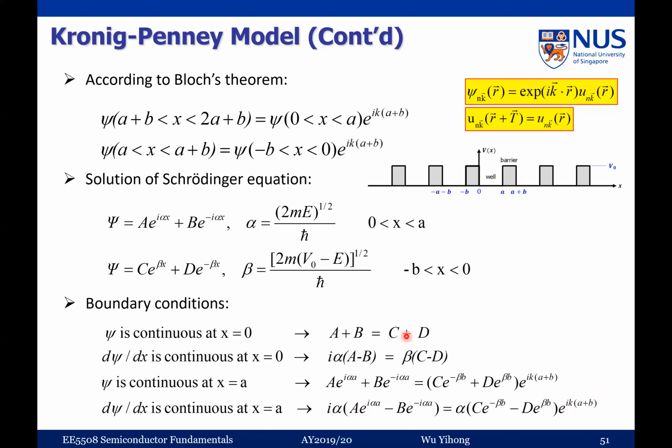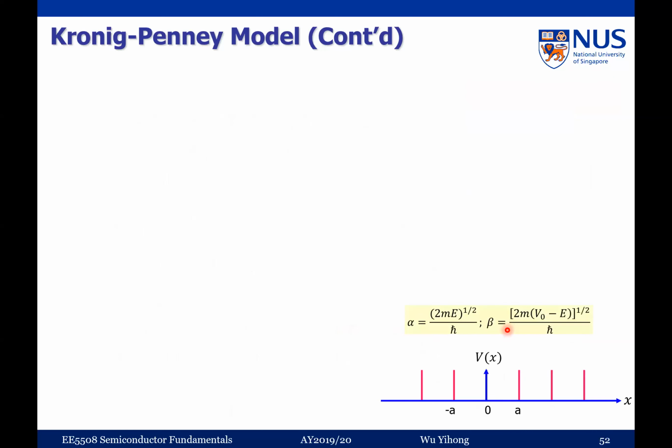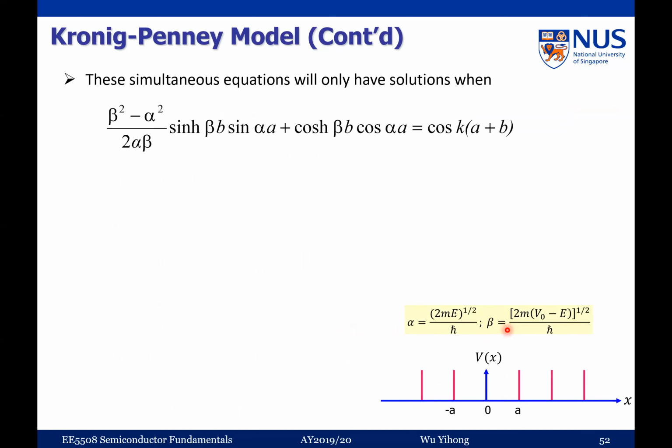You just bring all the terms to the left, so the right side will be 0, and then you require the determinant of the coefficient matrix of the left-hand side to be 0. If you solve it, you can basically find that this is the solution. All right, it's not a real so-called analytical solution, but anyway, this is the maximum you can go, and this is what you have.